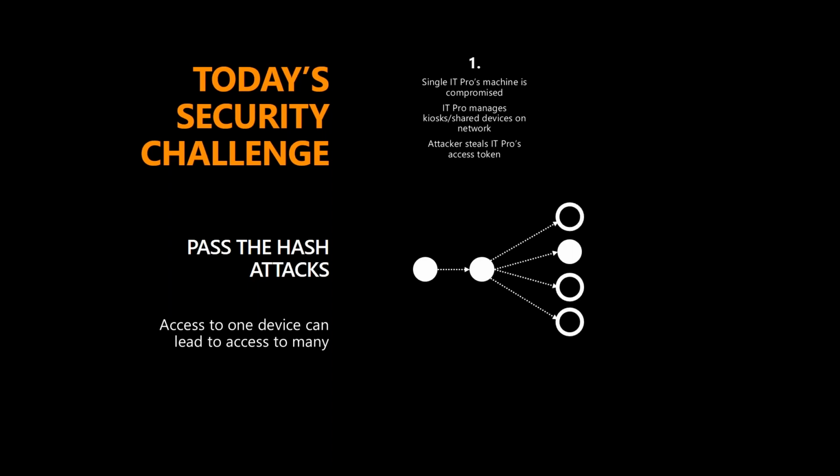So just to review pass the hash. An attacker compromised a single machine. Pretty straightforward. And now he can, for instance, every 30 minutes, every 1 hour, dump the credentials from LSASS memory space. Once they grab the credentials, they can try using those credentials on other hosts.